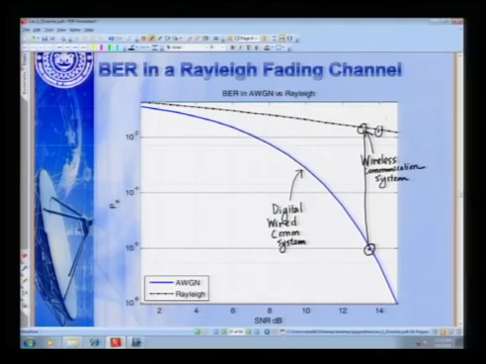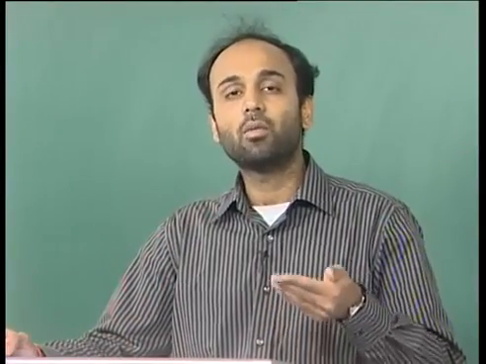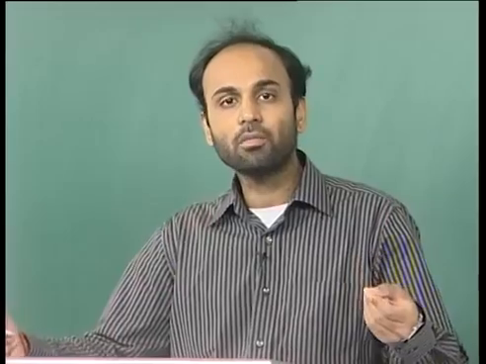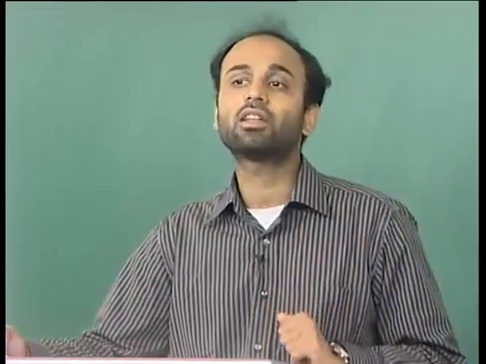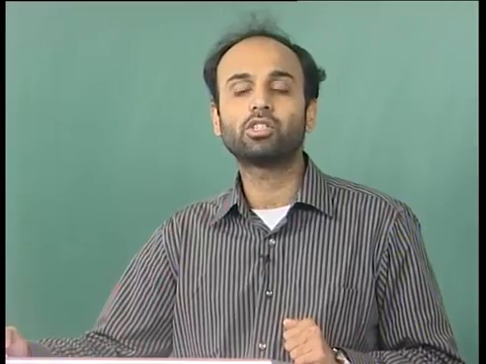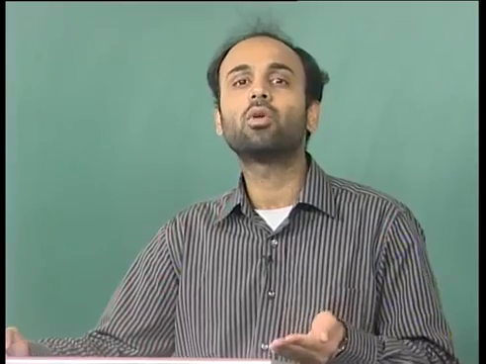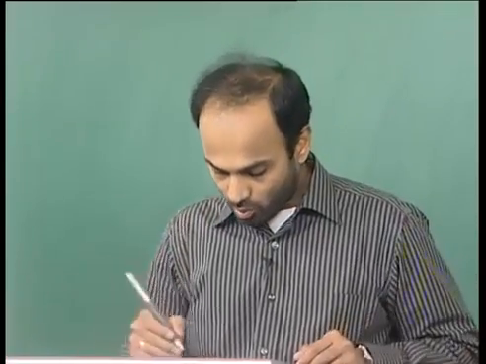So, that is essentially the reason why the bit error rate of a wireless system is higher than a wired system. In a wired or wireline communication system, the bit error rate is decreasing exponentially with respect to increasing signal to noise power ratio. In a wireless communication system, it is only decreasing as 1 over SNR, which is a very slow rate of decrease. So, now let us go back to our discussion.